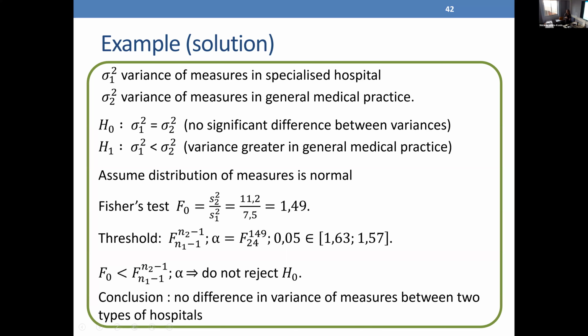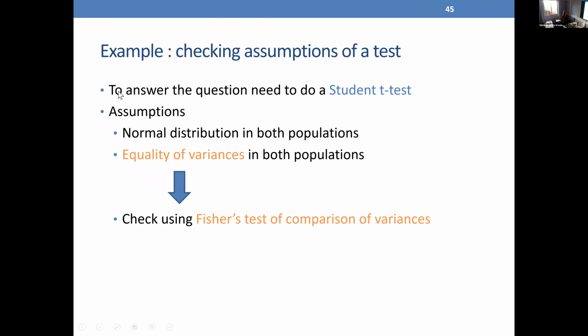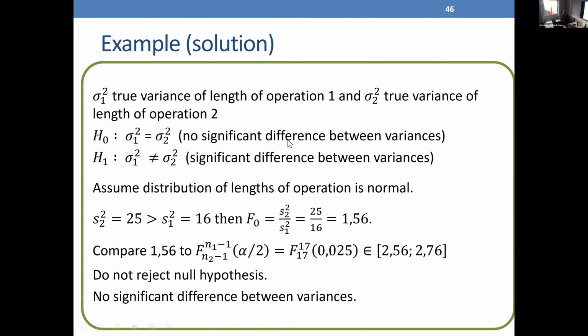So this is an example where you might be interested in the variability just for the variability. Now, if we go back to this example, which we did with the means, remember I said to compare the means, we should check that the distribution is normal and that the variances are equal. We didn't check the equality of variances because we didn't know how to do it. Now we do, so we can check whether the variances are equal before we do the Student t-test.